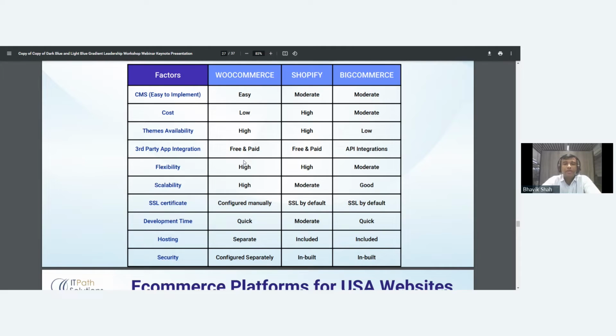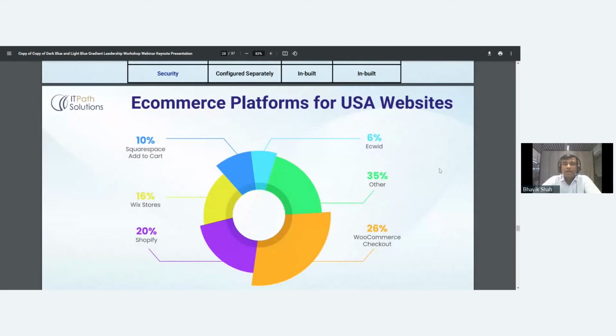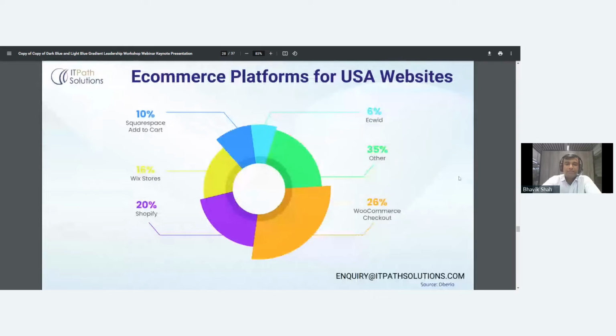Let's move on to the next point, which is e-commerce platforms for US websites. Again, a very wonderful chart, and it represents very important information, which says 26% of the e-commerce websites in the USA are using WooCommerce.